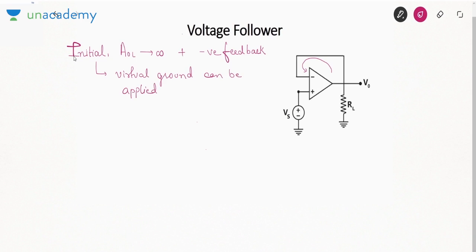In that case, what we will say is Vp should be equal to Vn should be equal to Vs, that is the source voltage.